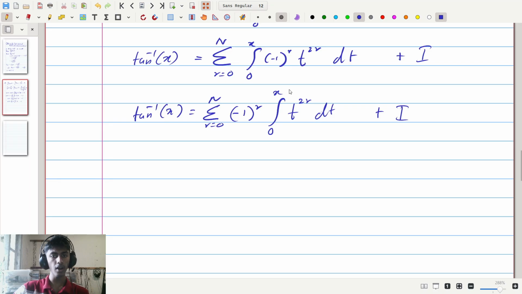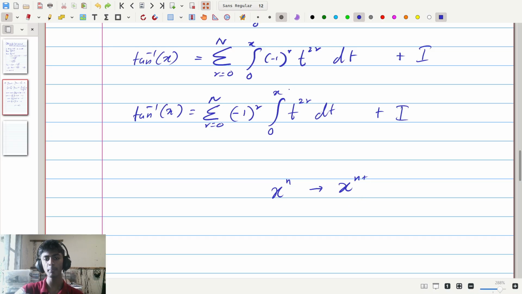Now then, we know how to do this integral here. We know how to do it because, of course, we know that if we have some variable to some integer power, let's say we have x to the power of n, when we integrate, it's going to be x to the power of n plus 1 over n plus 1.